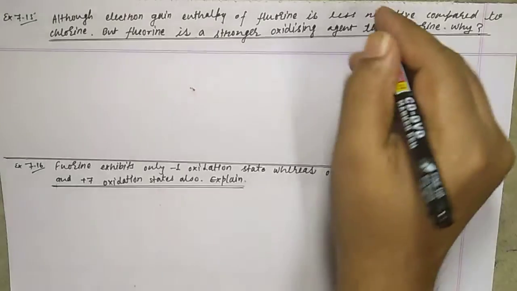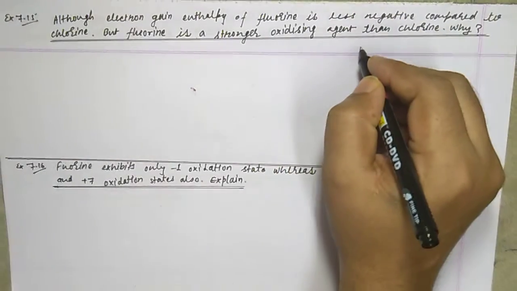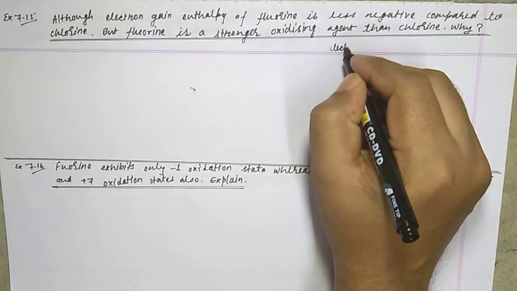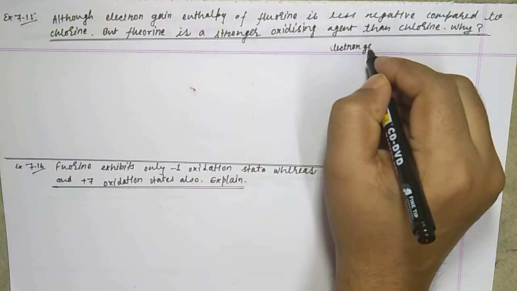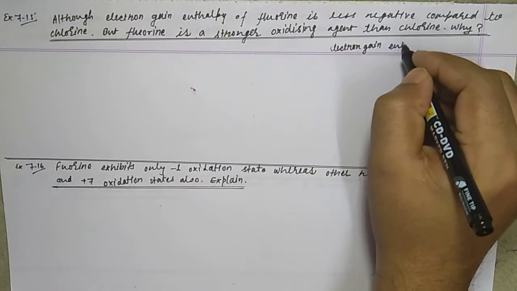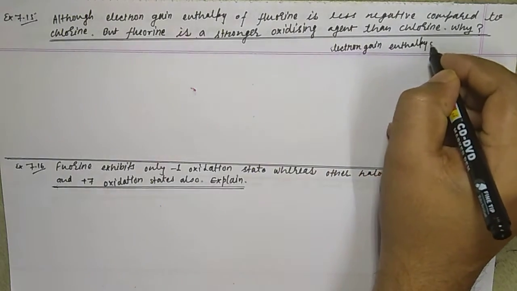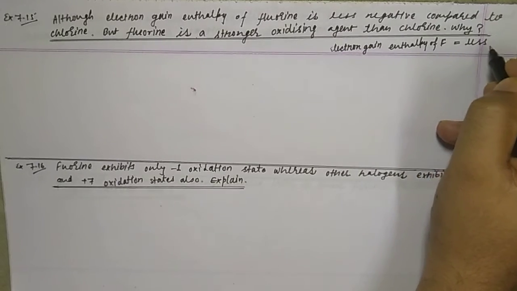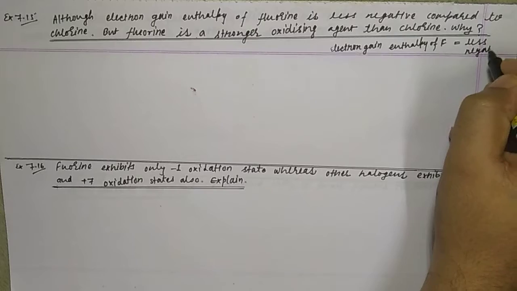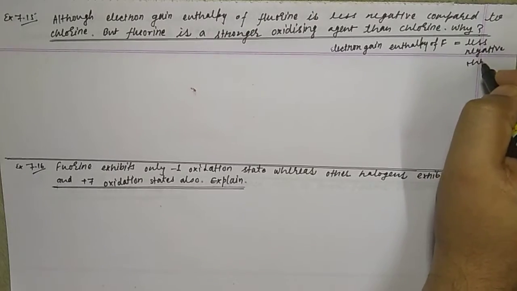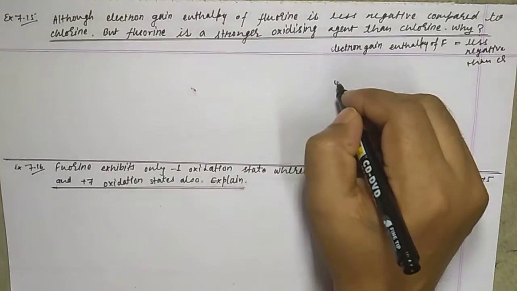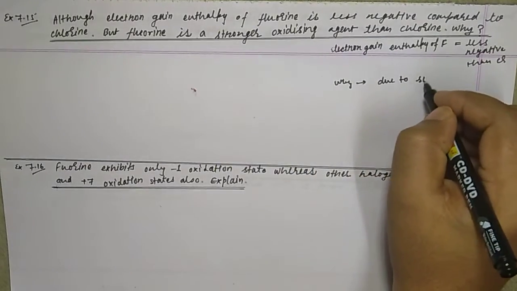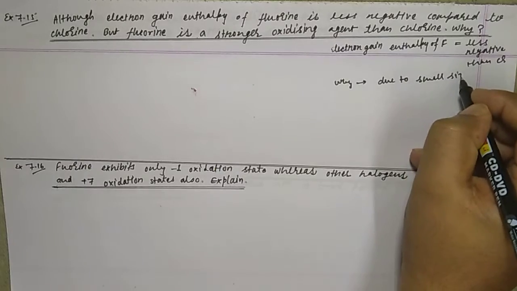The electron gain enthalpy of fluorine is less negative than chlorine. The reason is its small size.